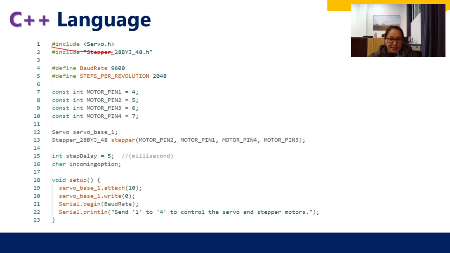From this, we can see that it includes the servo library, and it includes a custom library for controlling the 28BYJ-48 stepper module, and the baud rate is 9600, and it defines the number of steps required for the stepper module to complete one full revolution, set to 2048.